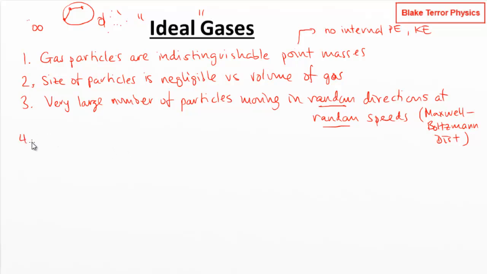We can also say that the particles move according to Newton's laws of motion. Really, we're saying with that they're not moving crazily fast. They can be fast, but they're not relativistically fast.